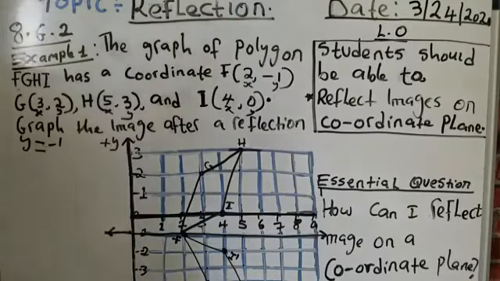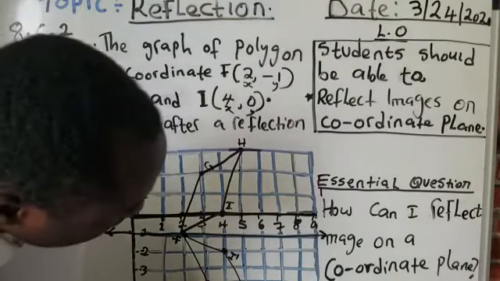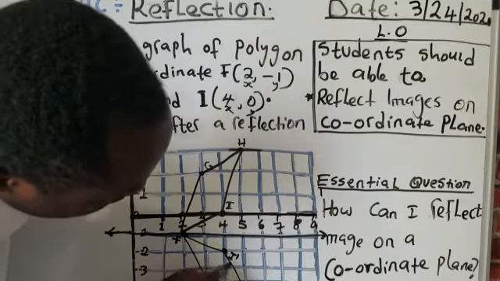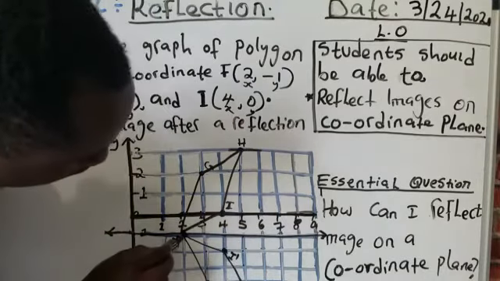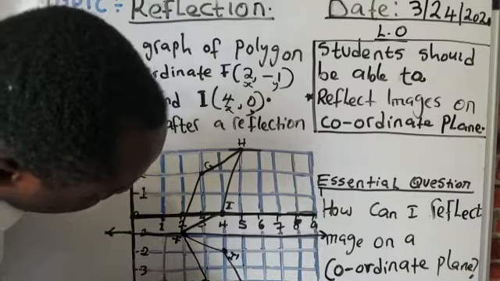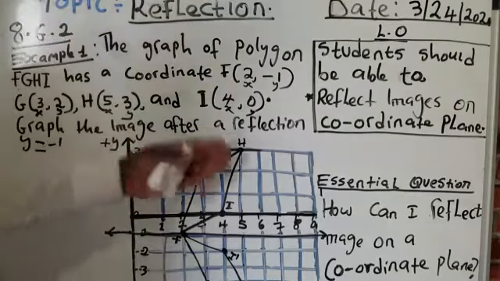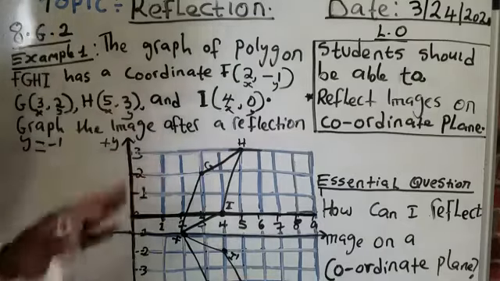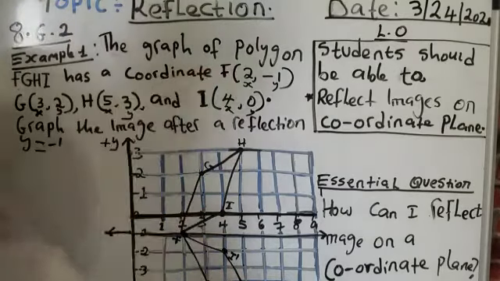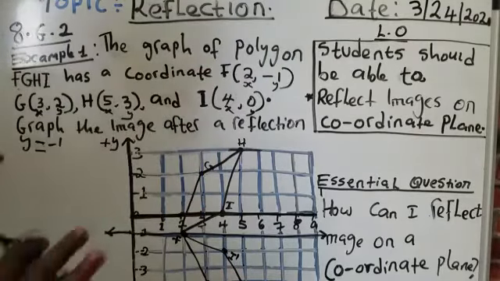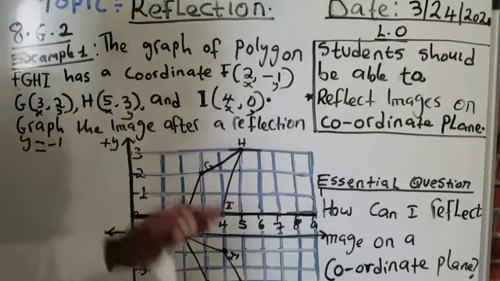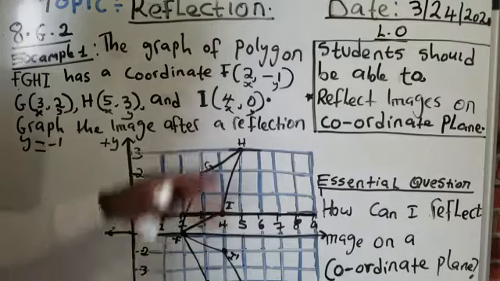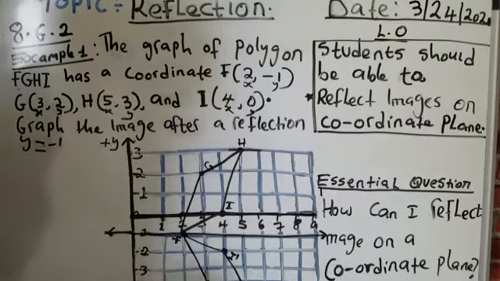See now, we have been able to reflect our image. So this is a reflection. It doesn't change the size, it doesn't change anything. The same size, but the position will be changed. So this is how to reflect images across a given line.